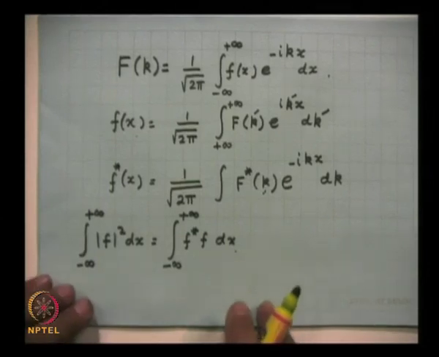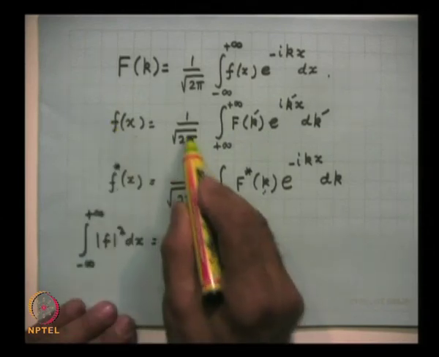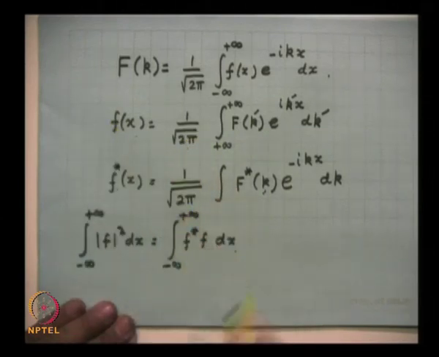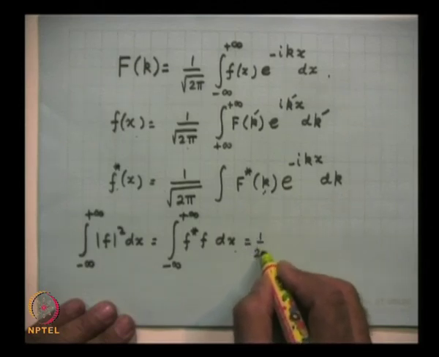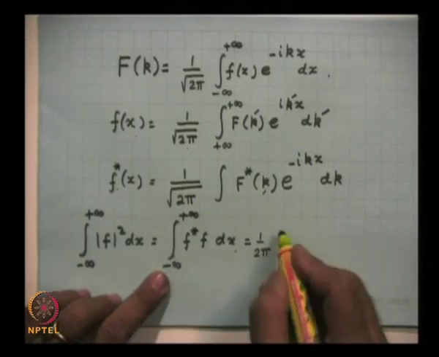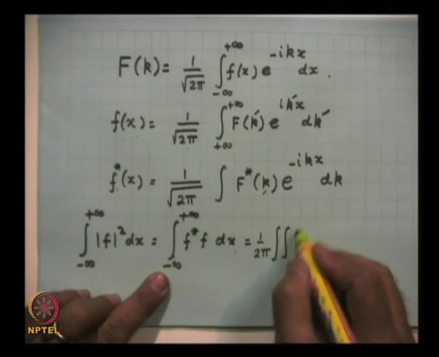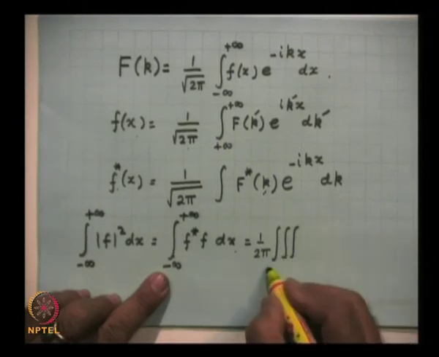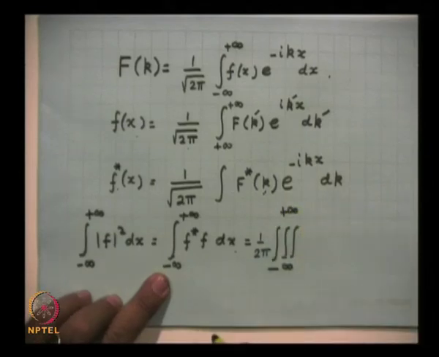So, if I substitute this f star times this, 1 over root 2 pi into 1 over root 2 pi, this will become 1 over 2 pi, and there are now 3 integrals: one over x, one over k prime, and one over k. All limits are from minus infinity to plus infinity.